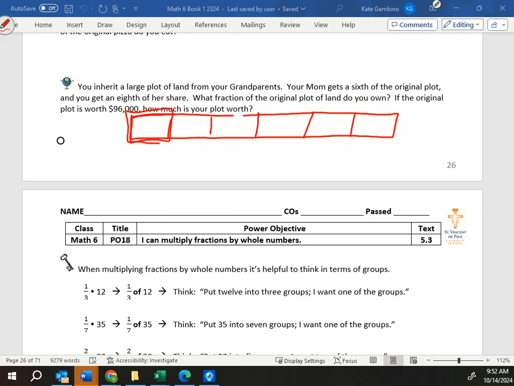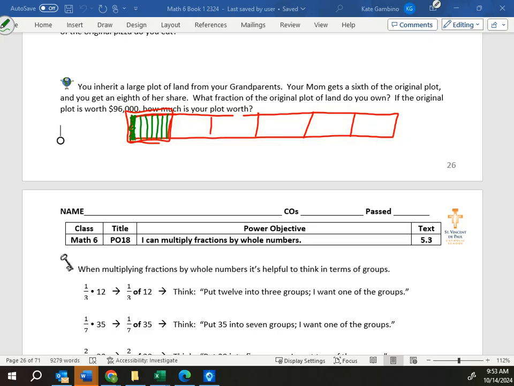What fraction of the little, oh, and then you get 1/8 of her share. So you get 1/8 of her 1/6. So you get 1/8 of this. So this is your share. 1/8 of the 1/6 that your mom got.